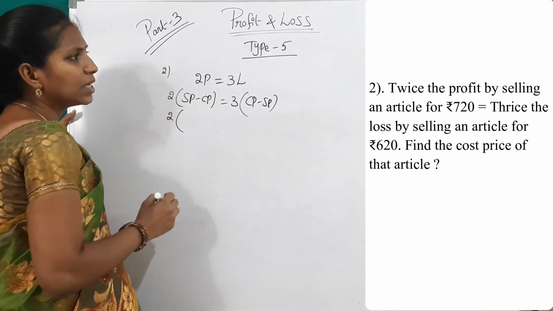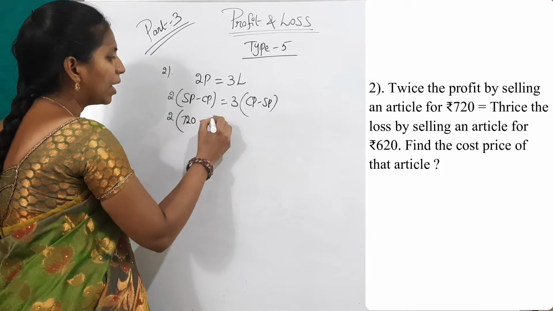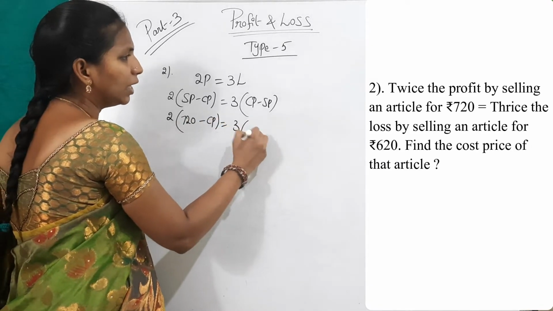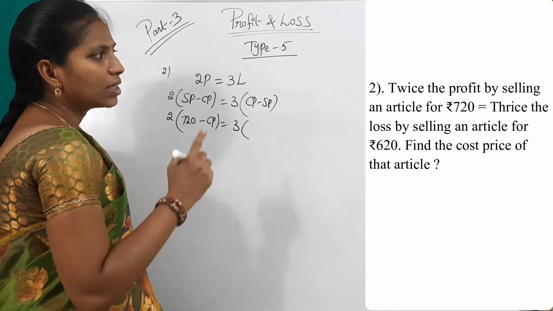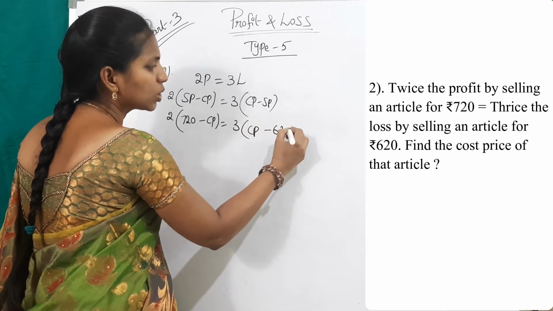Then 2 into (720 minus CP) equal to 3 into (CP minus 620).